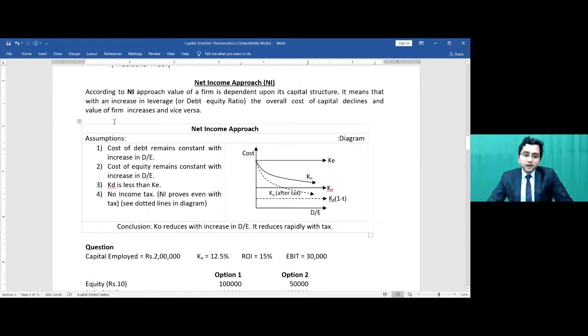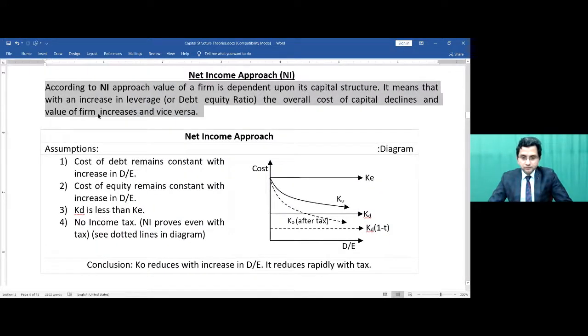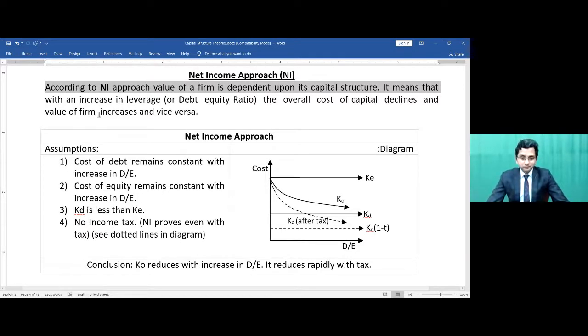Let's begin with the first, the net income approach. Look here on the screen. According to the NI approach, the value of a firm and definitely its overall cost of capital also, because value is equal to performance divided by cost of capital. Value is equal to performance divided by expectation.